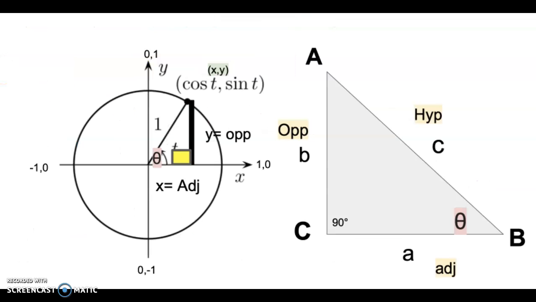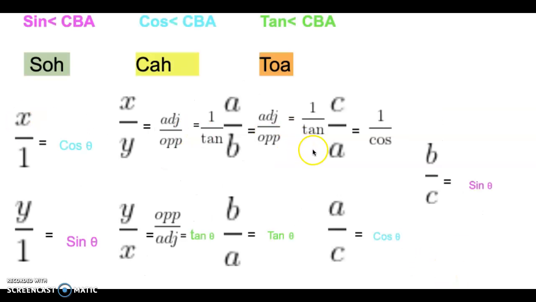C is the hypotenuse and a is adjacent, so hypotenuse over adjacent, which is the reciprocal of cosine. Instead of adjacent over hypotenuse, it's hypotenuse over adjacent, so it isn't equivalent to cosine.